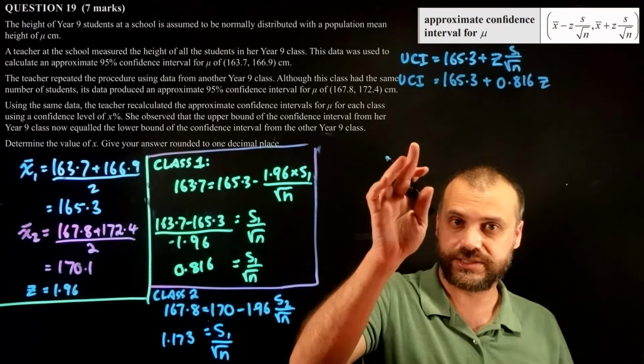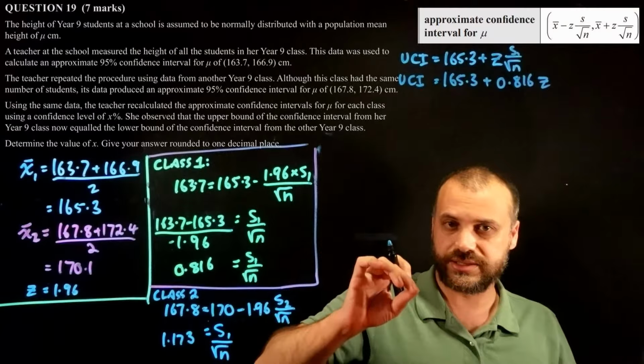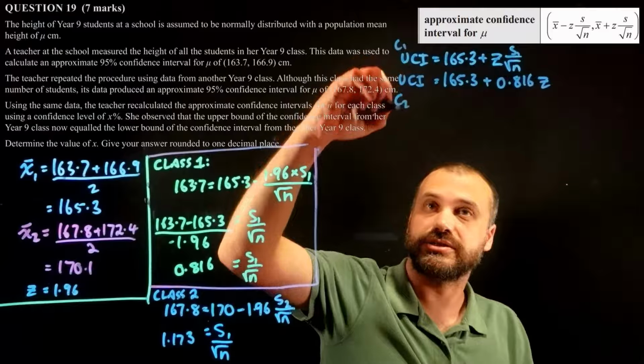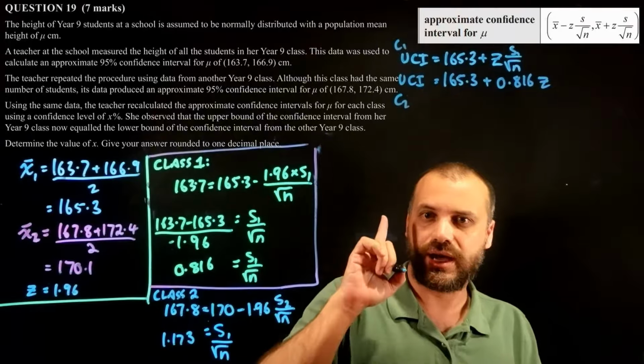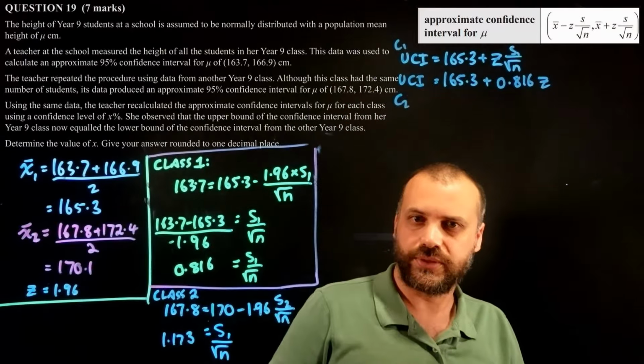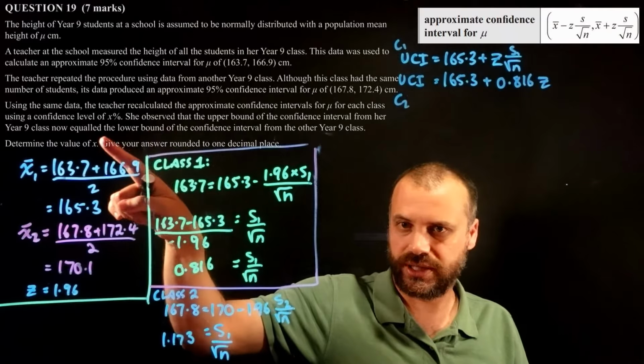Now that's her class. The other class, so we'll call it class 1. Now the other class, class 2, their upper confidence interval, or their lower confidence interval, equaled the lower bound.